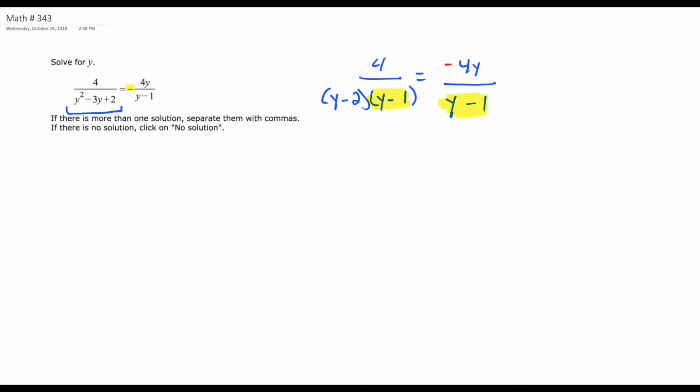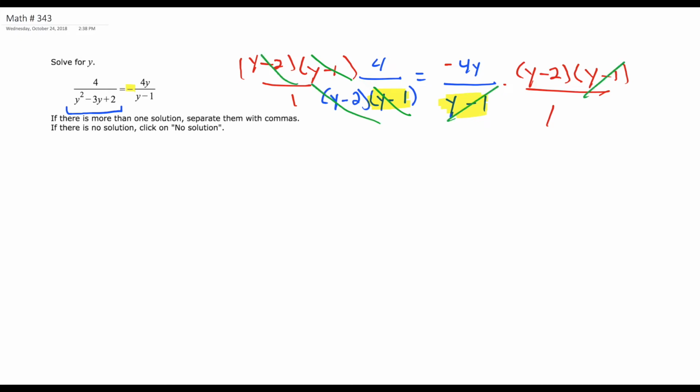Okay, so do you know from yesterday how you get rid of the bottom? So you're going to go over here and multiply this side by y minus 2 times y minus 1. And then on this side, you'll multiply it by y minus 2 times y minus 1. All right, so over 1, over 1. Okay, what happens on the left? Anything else? And on the right? And what are we left with?